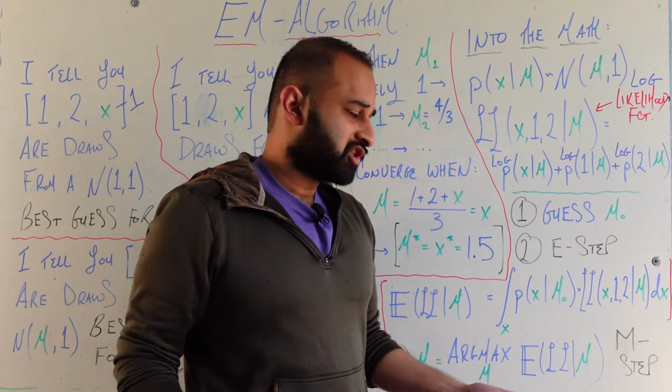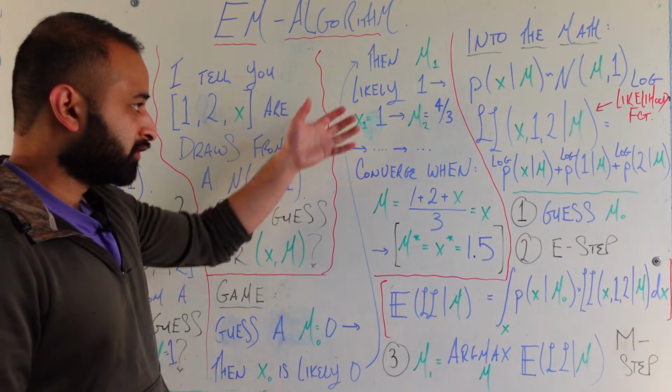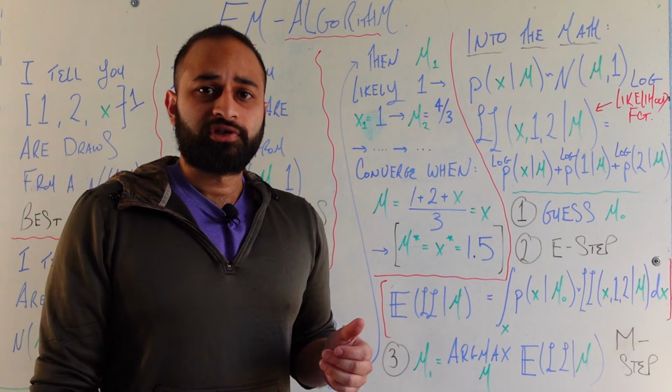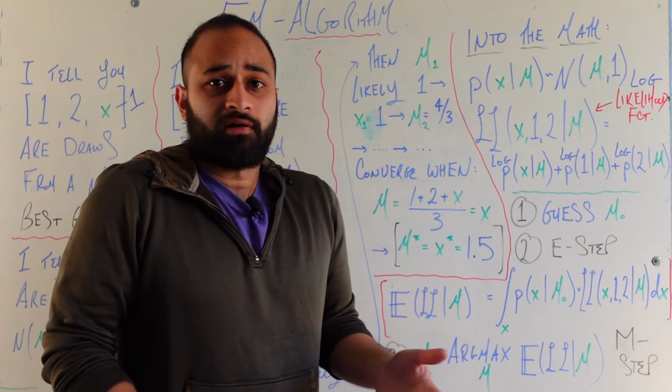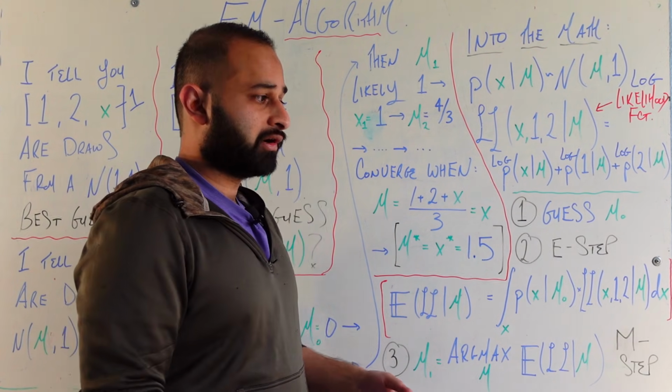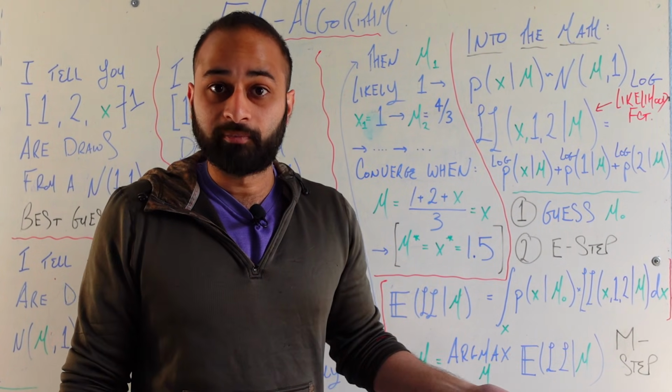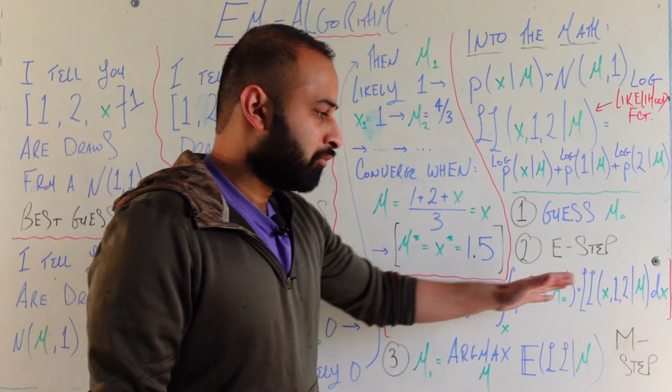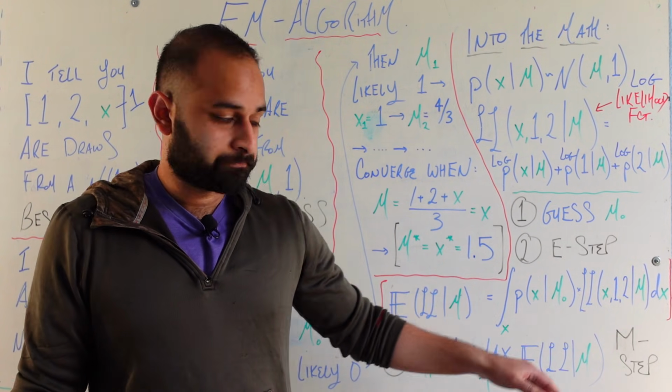And that is very much in the spirit of what we're doing with this more verbal example up here, which is saying that for the x value that I currently think is a good idea, let's go figure out what mu value would be a good idea based on that. This is just doing it in a more probabilistic fashion.